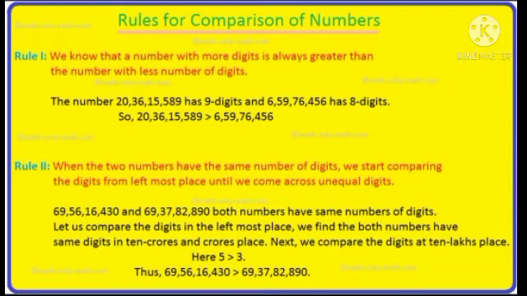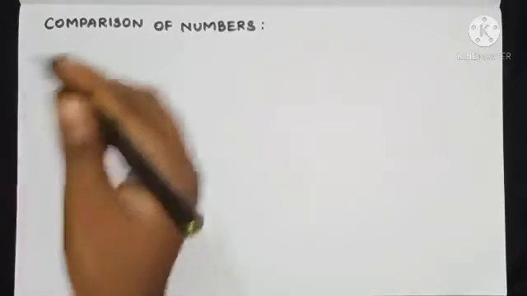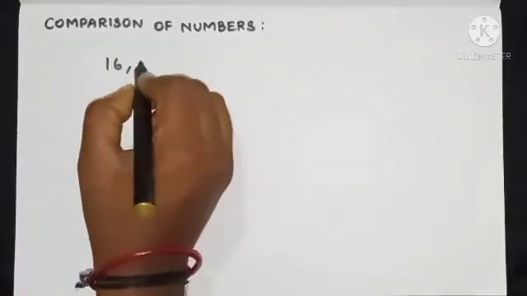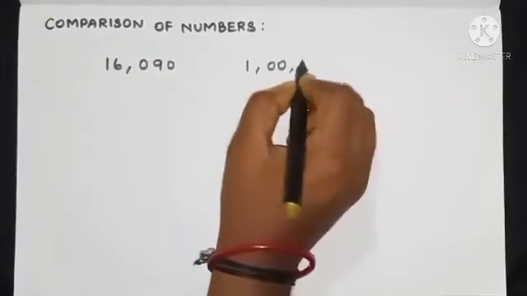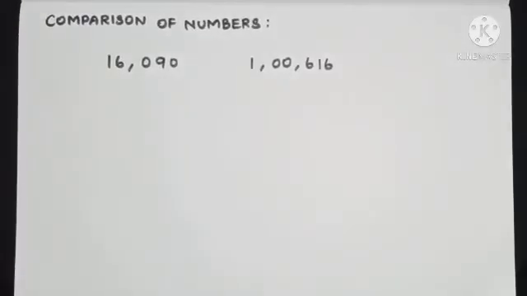Let's see with an example. Comparison of numbers. Students, first let's see comparing numbers with an unequal number of digits. Here we have to compare 16,090 and 1,616. We have already learned that the number with more digits is greater.